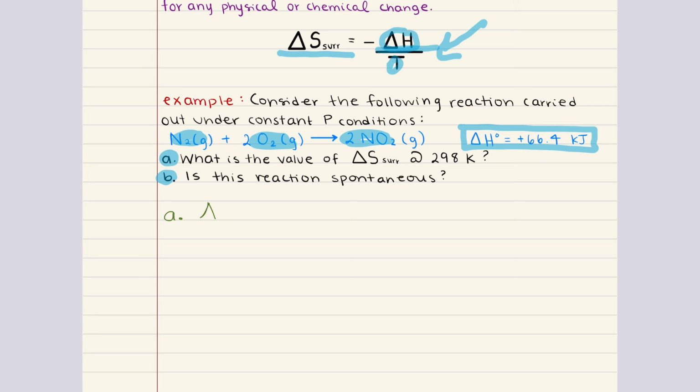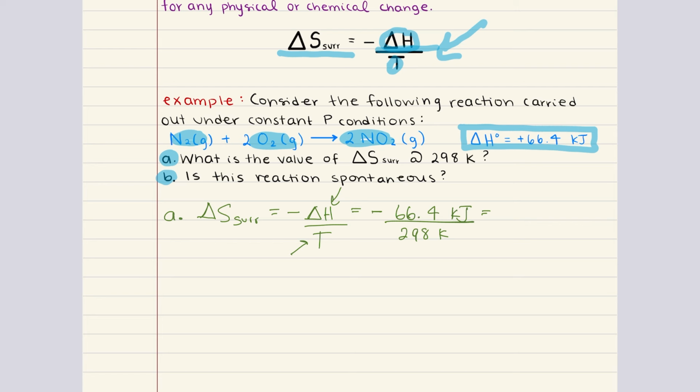To calculate the change in entropy for the surroundings, we use the following equation: negative delta H divided by T. Delta H is the change in enthalpy and T is temperature in Kelvin. We have both of these variables, so we can go ahead and plug them in. We have negative 66.4 kilojoules divided by 298 Kelvin.